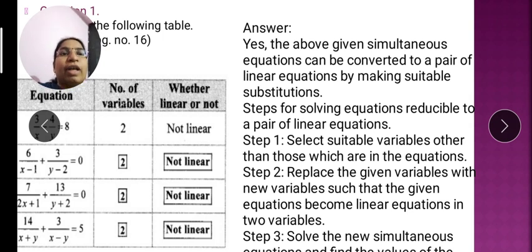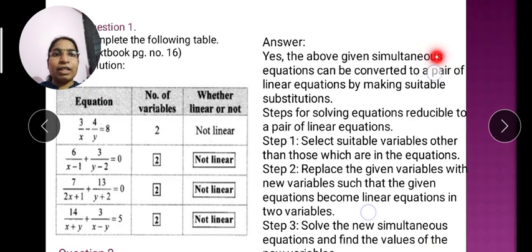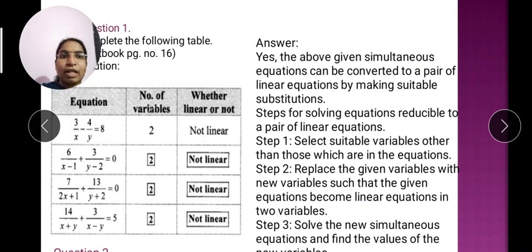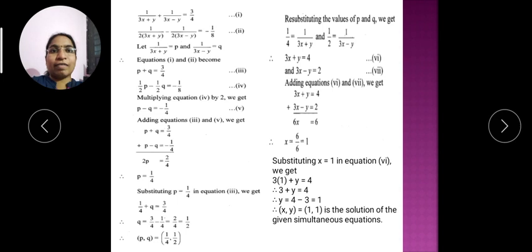Yes, we can convert the simultaneous equations which are given in the table into a pair of linear equations by making a suitable substitution. Then the steps, which are the steps? Select a suitable variable other than those which are in the equation. Why? Here x and y are in the equation, therefore I choose p and q. You can choose m and n.